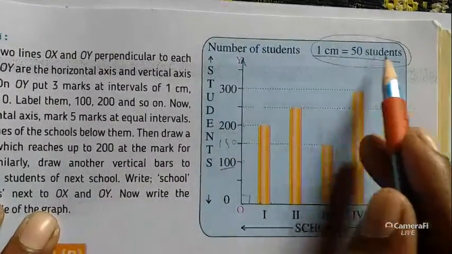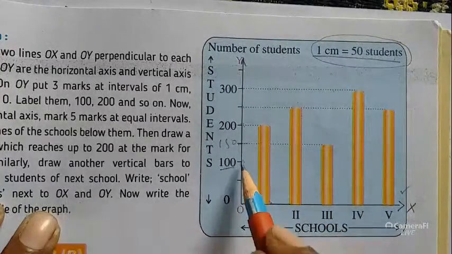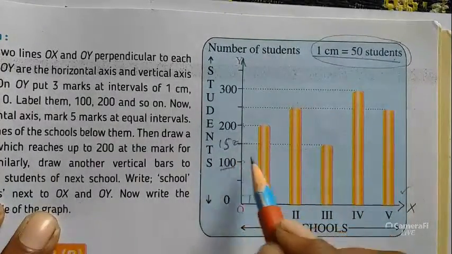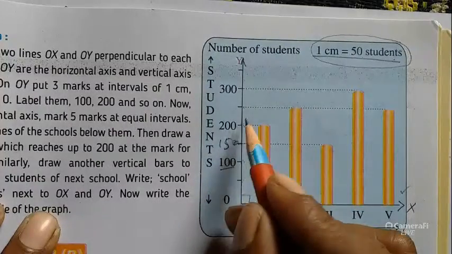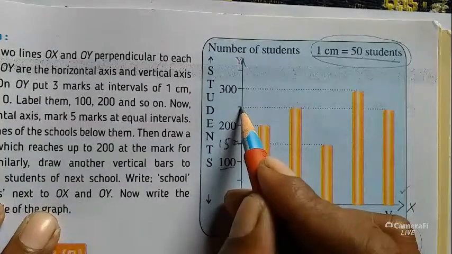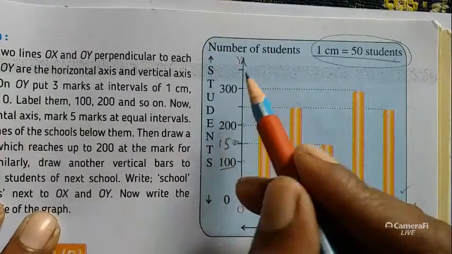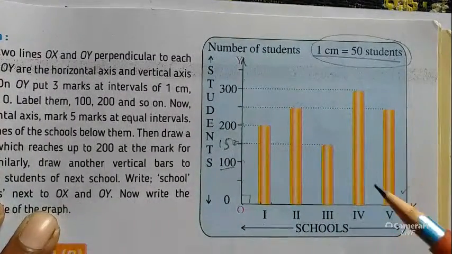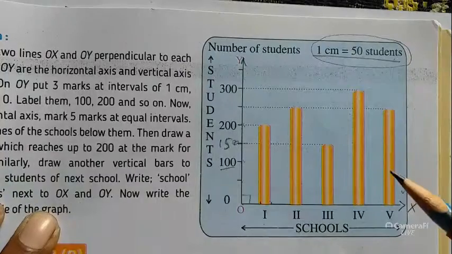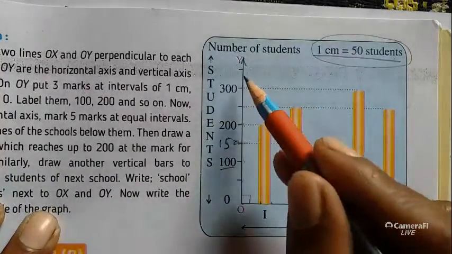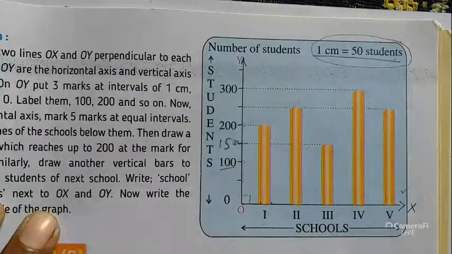But 1 centimeter means 50 students. Here is 50, so 2 centimeter is 100, 3 centimeter 150, 4 centimeter 200, 5 centimeter 250, 6 centimeter means 300. In this way we just increase by 50 for each centimeter. So this is the scale, and it is represented on the y axis.